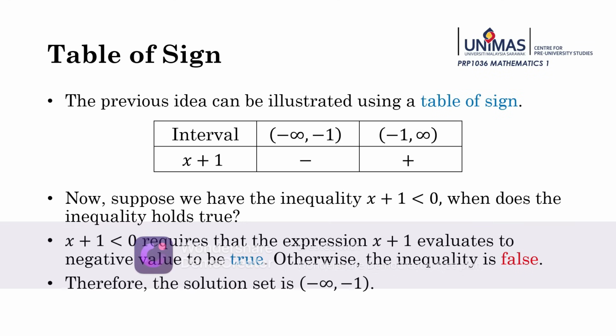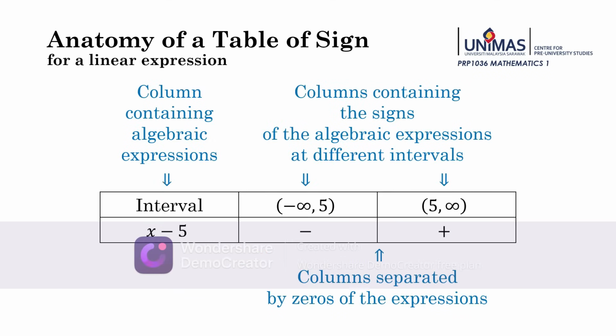Therefore, we look at the set of solutions that will give you the negative value, or the interval that will give you negative value, which is negative infinity to negative 1. So this is the column that we need.